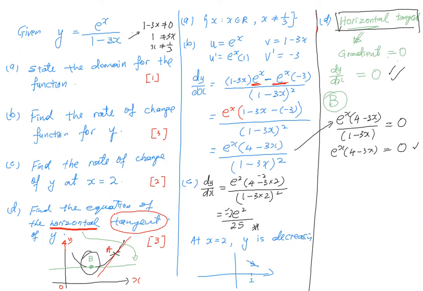Do you sub 2 into the equation? Why sub 2? Part C and part D is totally different thing. I don't have a coordinate of B. If you tell me the coordinate of B, x is equal to 2, then I got it already. So why should I sub 2 in? I'm not finding the tangent at x equal to 2.